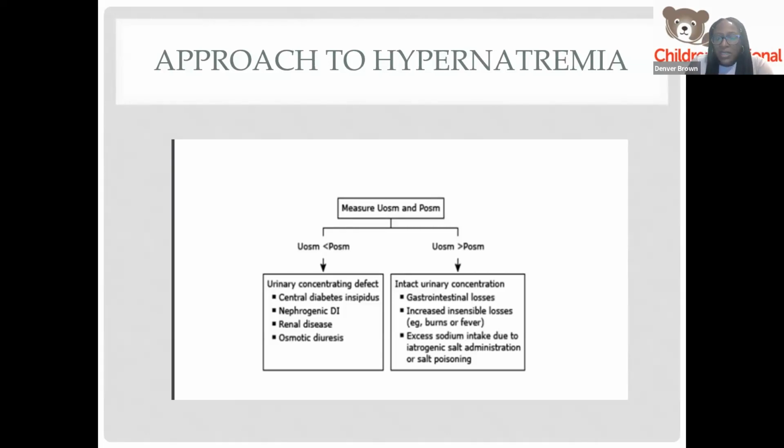We can also see it in kidney disease, and we'll talk about that in a second, as well as osmotic diuresis, meaning you're using things like diuretics that help excrete lots of free water, so that your serum sodium can then bump up. If your urine osm is greater than your plasma osm, you're thinking about non-renal causes such as GI losses or severe burns, or excess sodium intake, like a psych patient, for example, who's eating tons of salt and not drinking enough water.